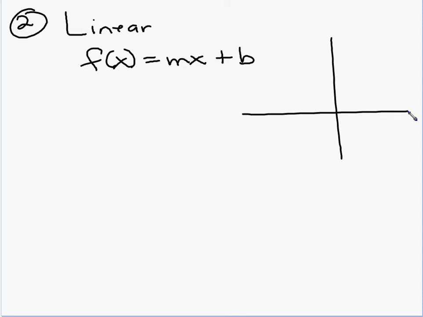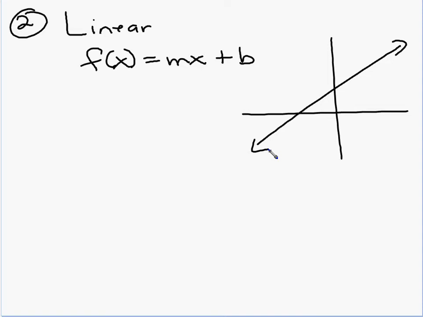Obviously. Now, they don't all go through 0. Some of them do. So we're just going to draw a straight line of some kind. Okay, it doesn't matter. Because that's what a linear function looks like. It looks like a straight line. It has a y-intercept. It has a slope. It has all those things that we've talked about.